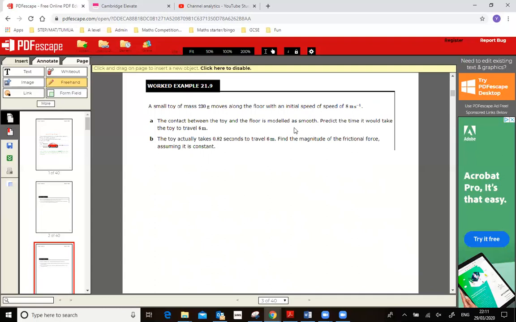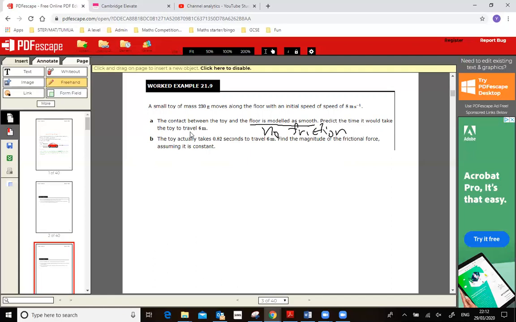So do you remember what we talked about at the beginning of the lesson? If the floor is modeled as smooth, that means there is no friction. Okay, we need to predict the time it will take the toy to travel 6 meters.